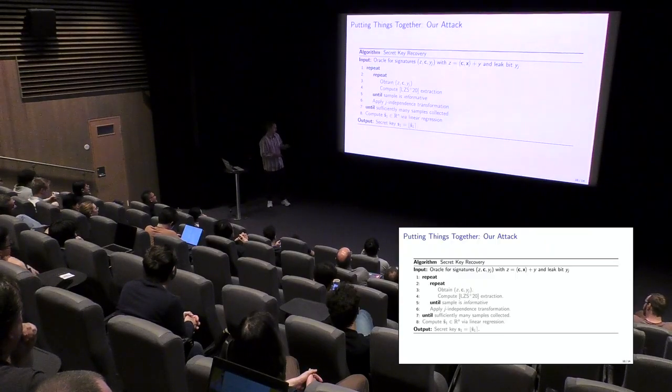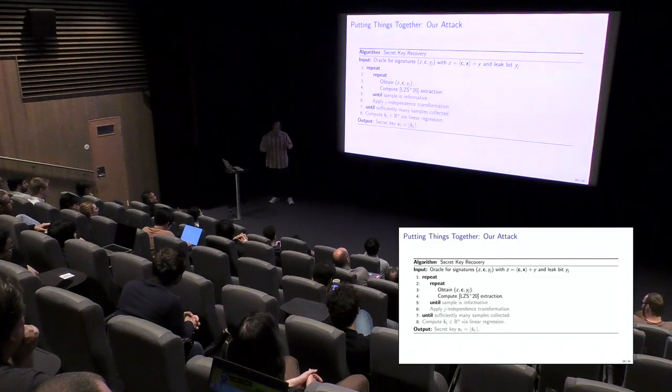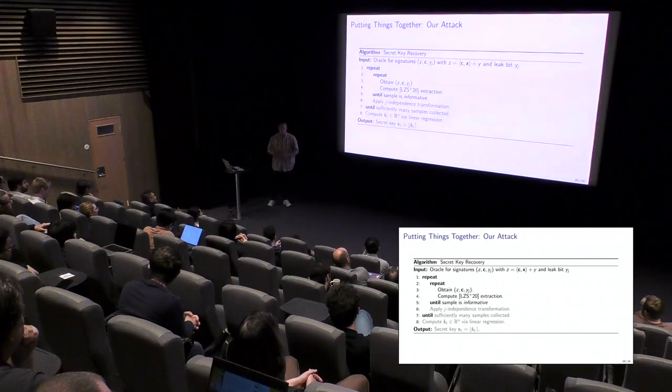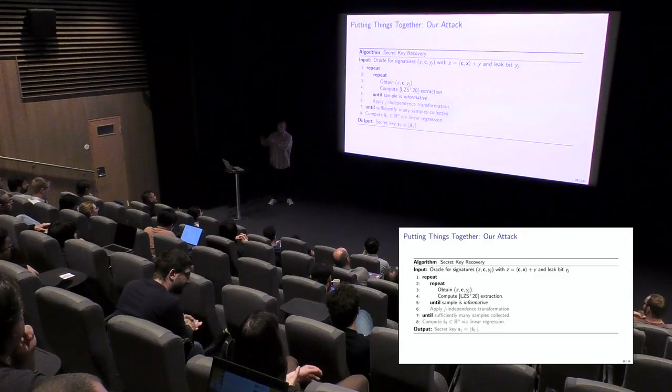And the algorithm enters a loop. First, we obtain one of the signatures with the leak bit. Then we use the leak bit to shorten the random value. And we do this until we get something that is informative. So one signature yields one sample, but these samples are either zero knowledge, the blue part, or they are informative.